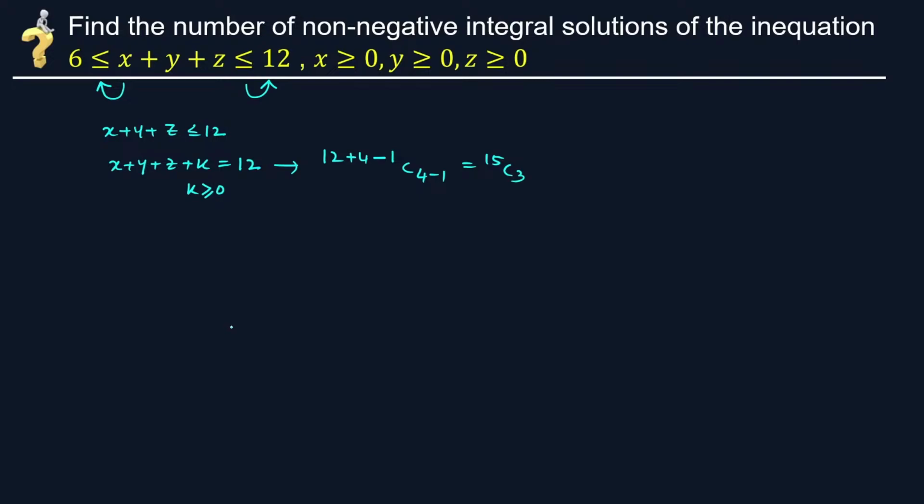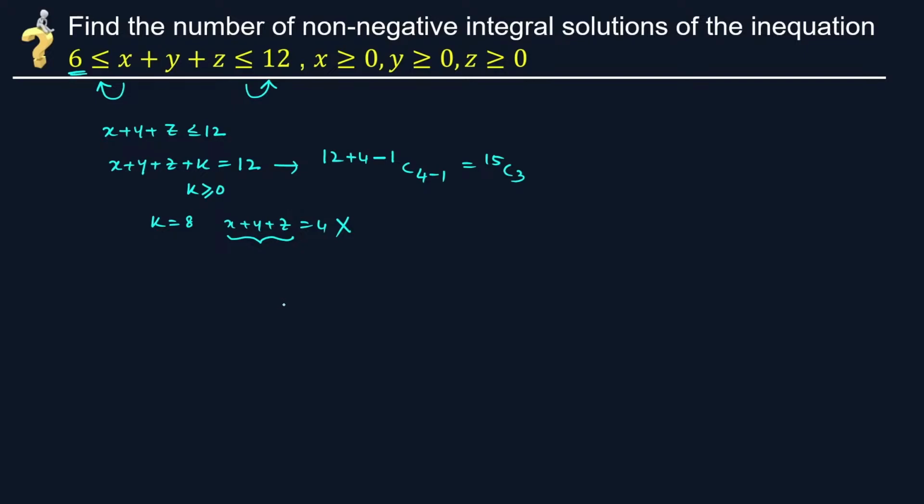But now, suppose k takes the value 8. Then your x plus y plus z becomes 4, but this value I will not take. Yes or no? Because the sum of x plus y plus z becomes 4, it means it is less than 6.